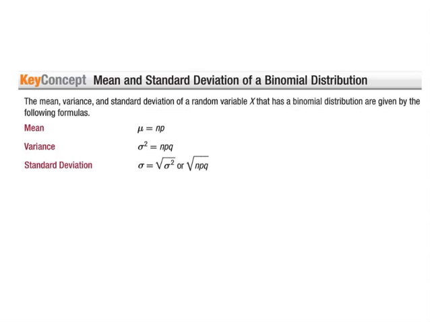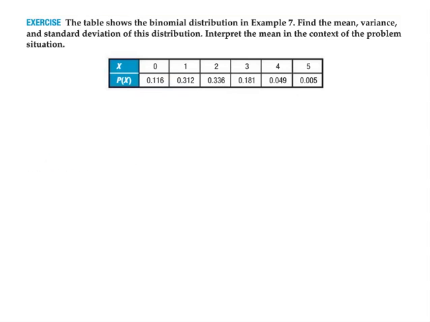Okay. So we're going to go ahead and look at an example here. Okay, now notice what it says. The table shows the binomial distribution in example 7. Find the mean, variance, and standard deviation of the distribution.